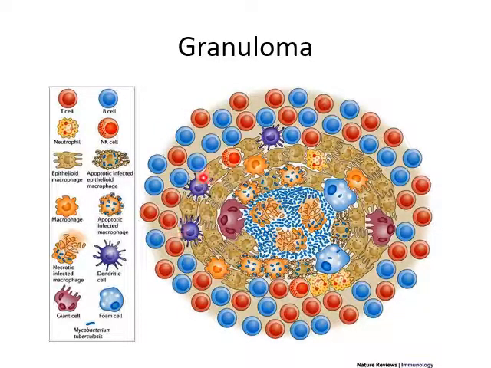There are dendritic cells, and notably there are macrophages. And as we discussed earlier, there is continuous stimulation of macrophages. Macrophages become activated, and chronic activation of macrophages converts them into epithelioid cells. So you can see a zone of epithelioid cells.